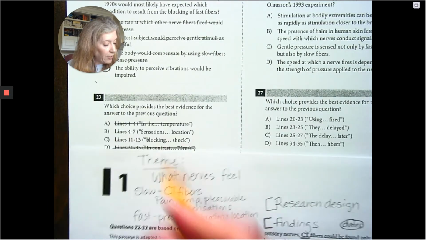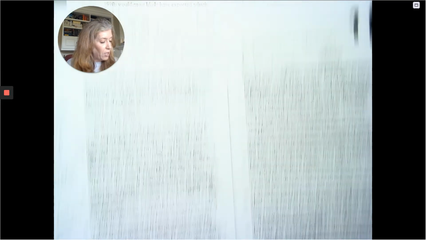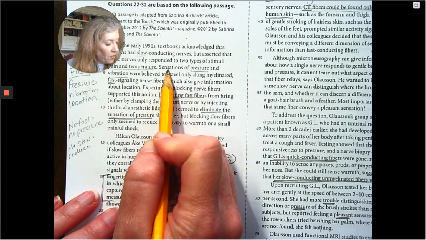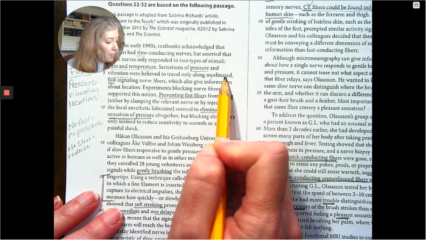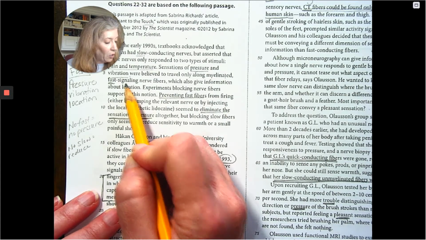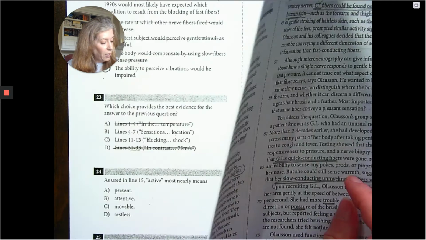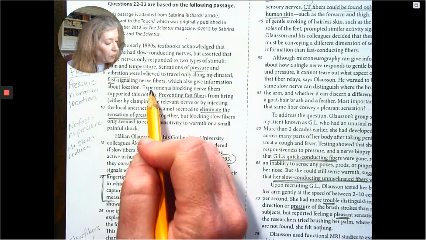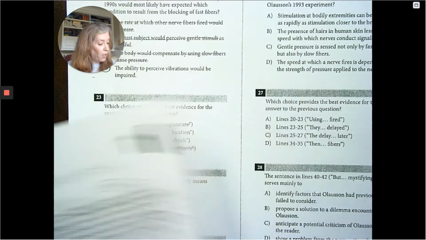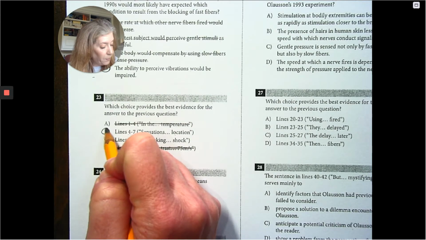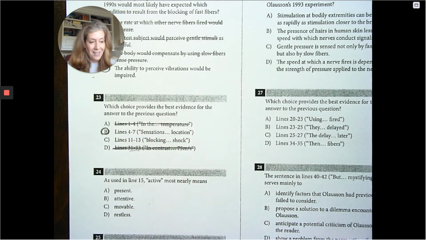We're going now to lines 4 through 7, sensations and location. Sensations of pressure and vibration were believed to travel only along myelinated fast signaling nerve fibers. We're reading until location, which also gave information about location. Yep, there's our answer. Restates the one just before.